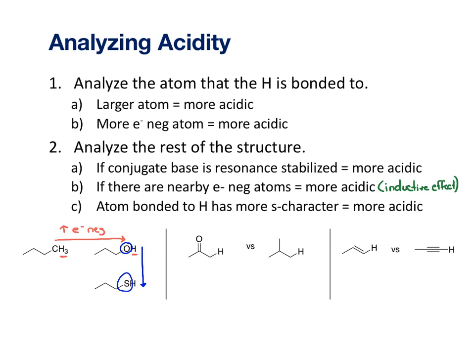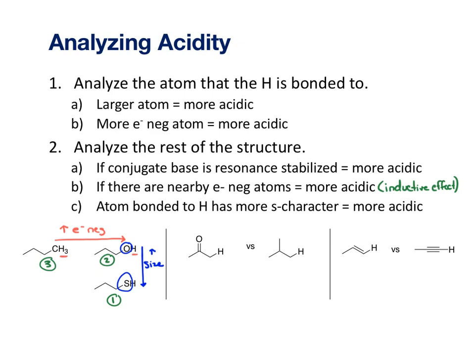That makes the proton on the sulfur more acidic. So here we're increasing size. So of these, the thiol would be the most acidic, followed by the alcohol, and then the methyl hydrogen. So that's the atom effect.